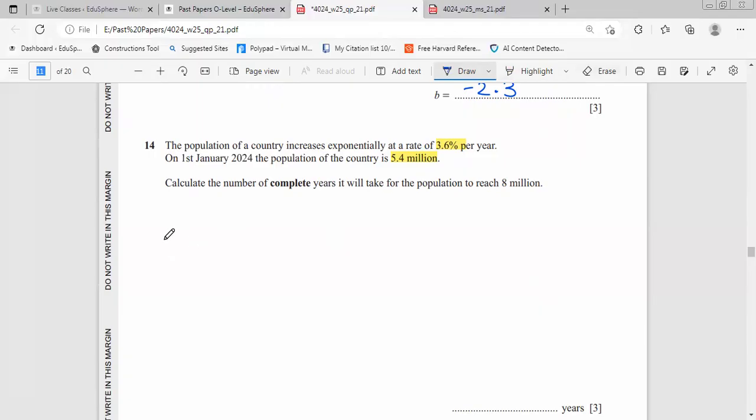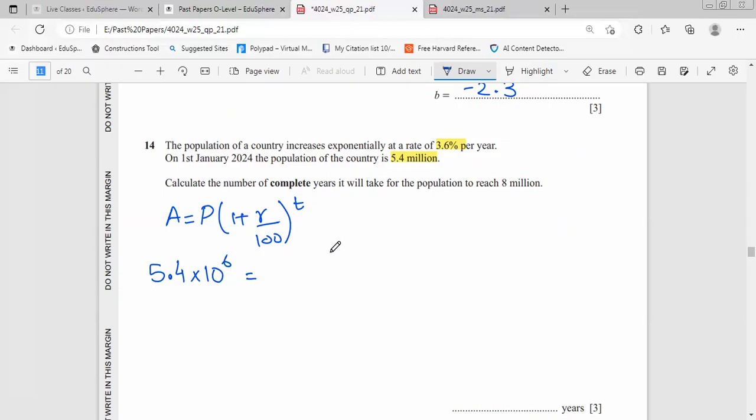So we will write, we know that the value of A is equal to P(1 plus r by 100) power t. Now we will be replacing this A with 5.4 million because this is the final value of the population, so we write 5.4 times 10 raised to the power 6 equals P, the population, which is not given.